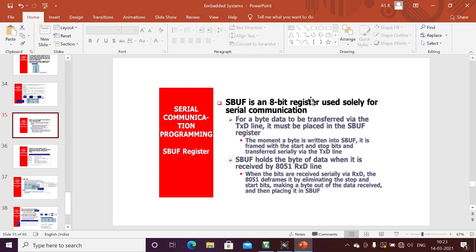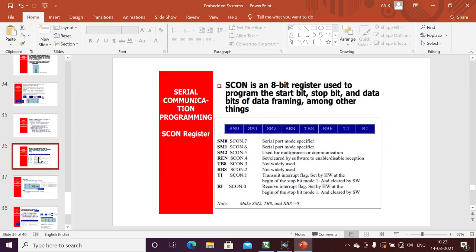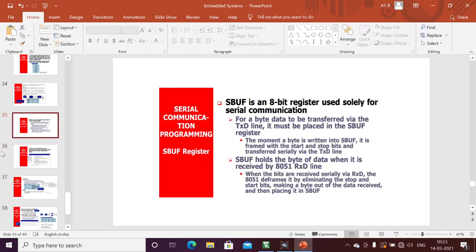Then the 8051 automatically adds the start and stop bit, and it will transmit via the TXD line. In case of reception, it will deframe the start and stop bit. Finally, whatever the 8-bit data is will be copied to the SBUF. This is mainly the working principle of the SBUF. Then we will program how to transmit the data and also how to receive the data.